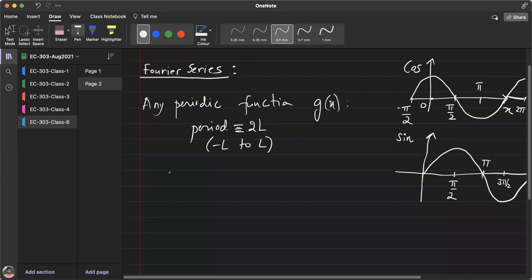Now with that, he said something really remarkable, which is that this function can be written in this form. It can always be written as a superposition of various sine and cosine functions. I'm using the same notation from the video I had sent you, just so that I don't keep changing.